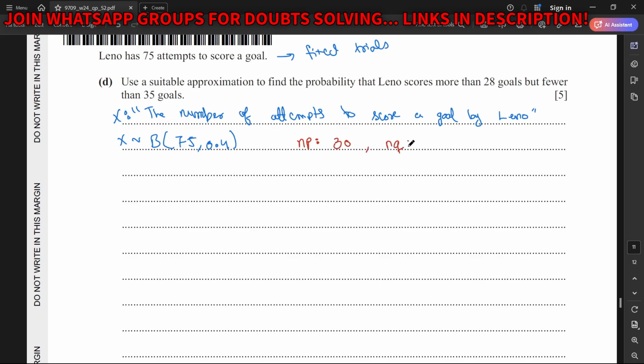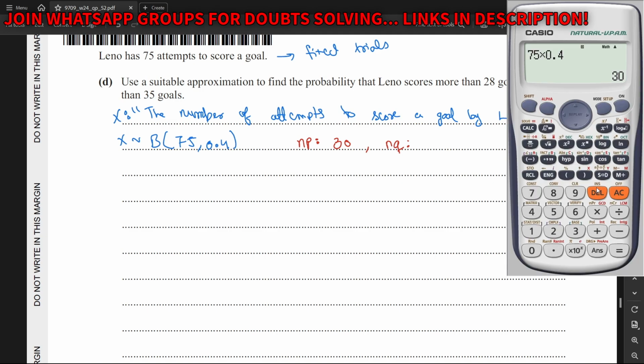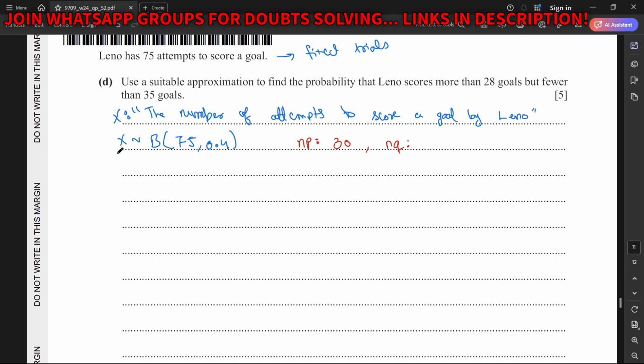Then nq, 75 into 0.6 comes out to be 45. And then npq, 75 into 0.4 into 0.6 comes out to be 18.